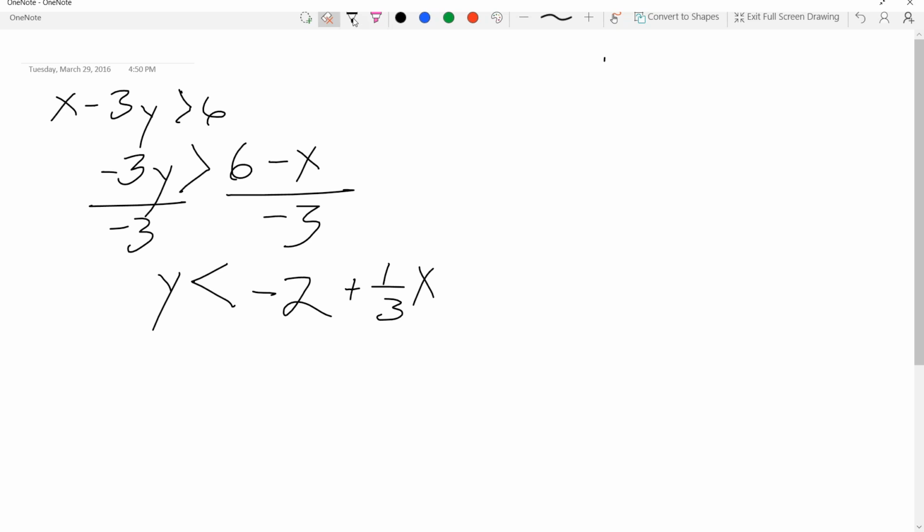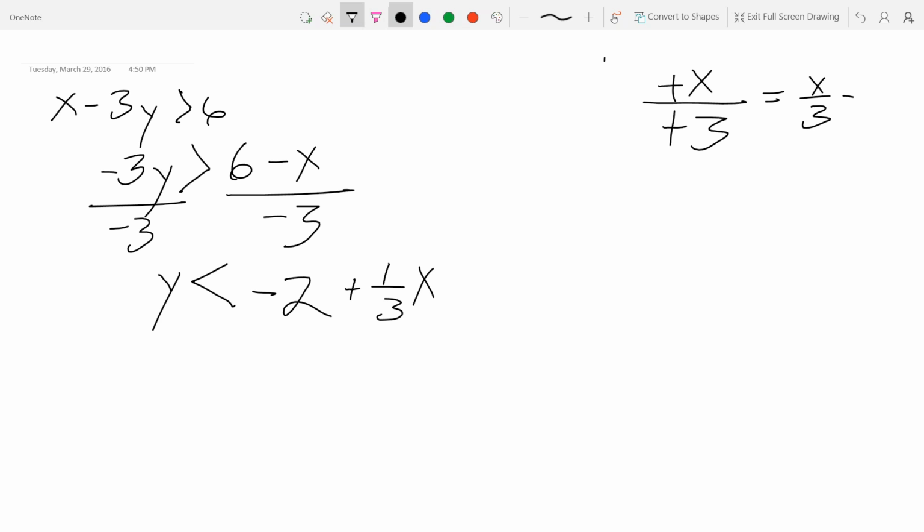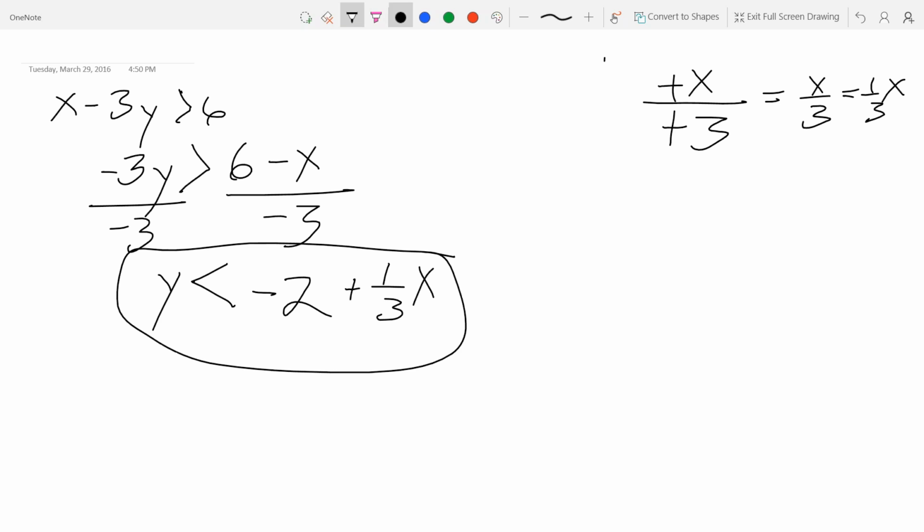In other words, I've got negative x divided by negative 3. Well, negative divided by negative is positive, so I got x over 3, and that's the same thing as 1/3 x. Okay? Now, what's wrong with the way I've written this bottom expression here?